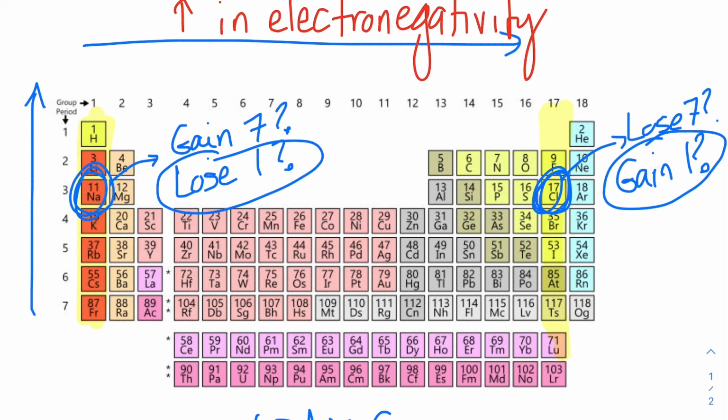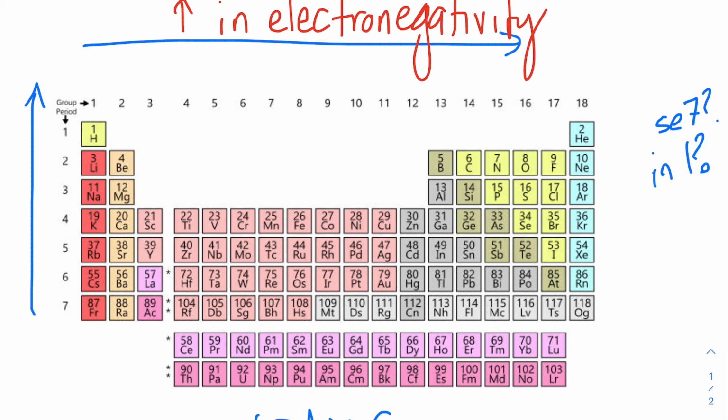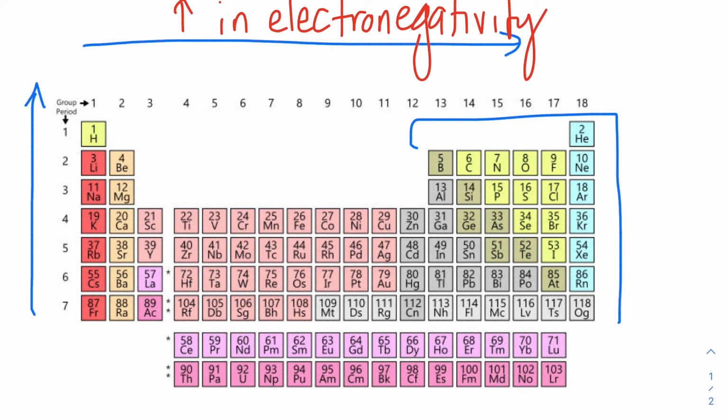Now let's take a look at where on the periodic table we might expect to form some covalent bonds. If we look over on this right side of the periodic table, where we have a bunch of nonmetals, this general area is where we want to think to ourselves, here we're looking at some covalent situations, some sharing situations.